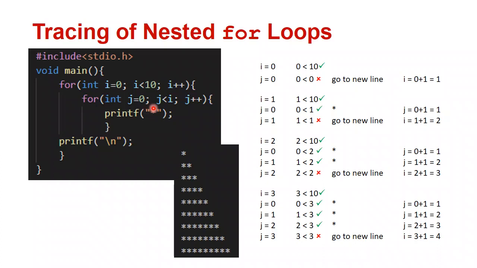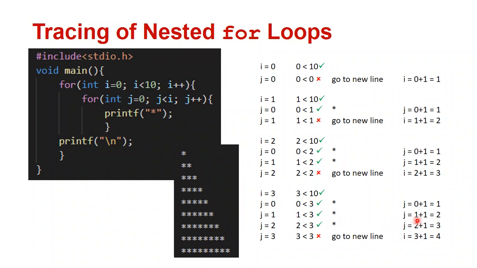j is equal to 0. 0 is less than 3. It will print a star. And again it will update j. 0 plus 1, 1. Now j is 1, i is 3. So 1 is less than 3, it is satisfied. So it will again print a star.